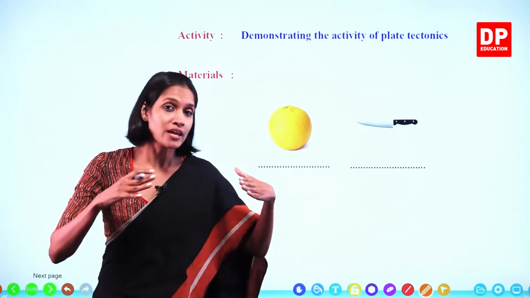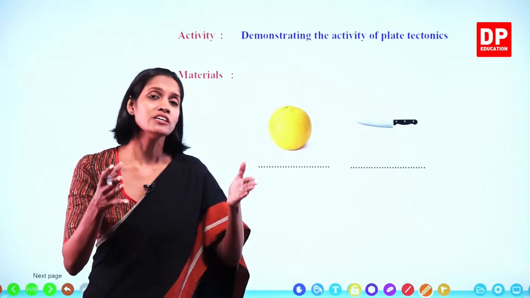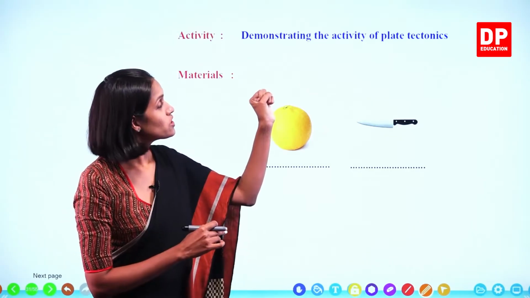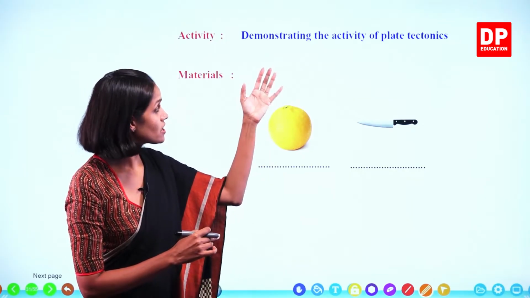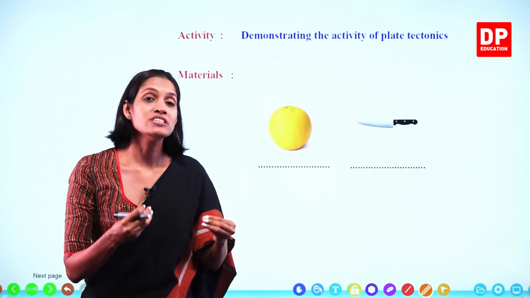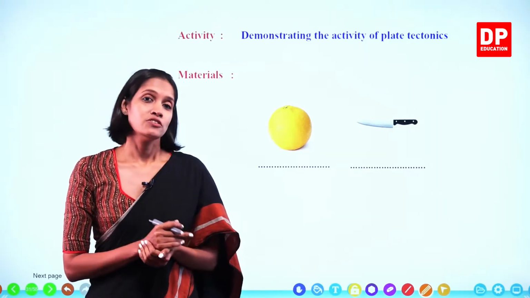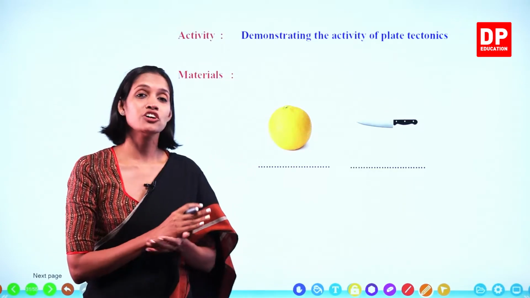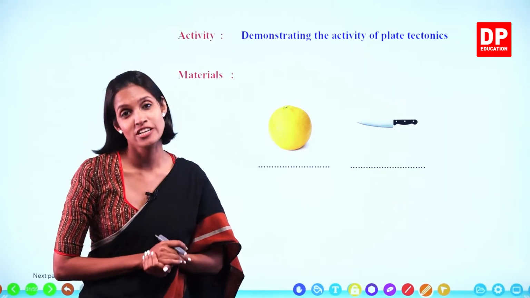The crust is separated into large tectonic plates, and at the same time, these tectonic plates move relative to each other. Scientists use this theory called plate tectonics to describe the movement of these tectonic plates. So generally, we can call the movement of the tectonic plates relative to each other plate tectonics.